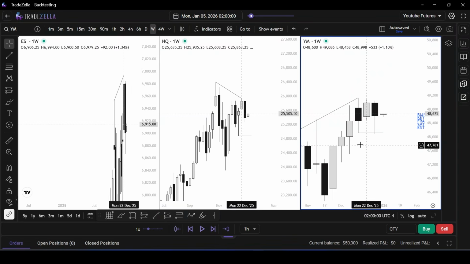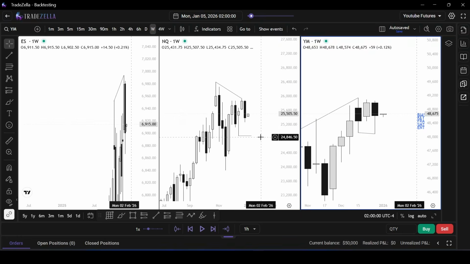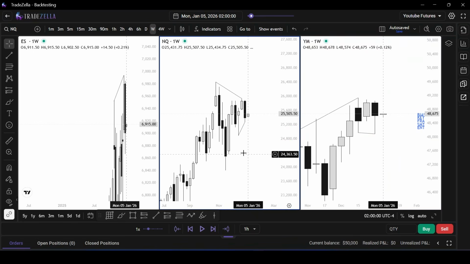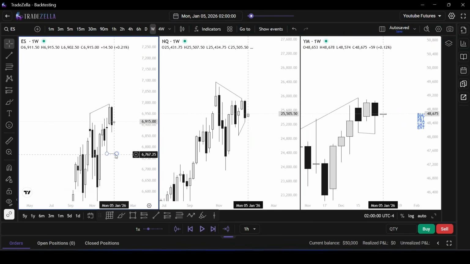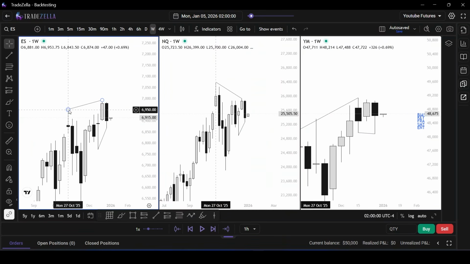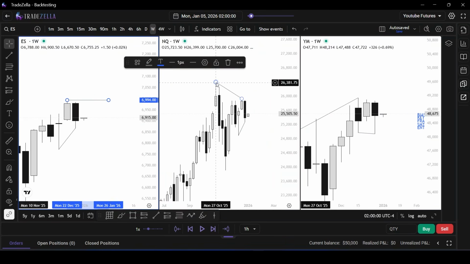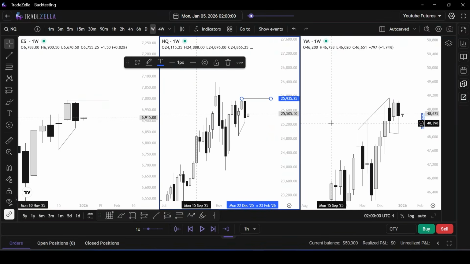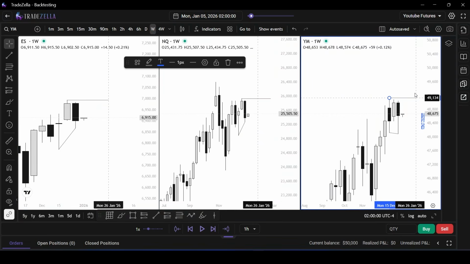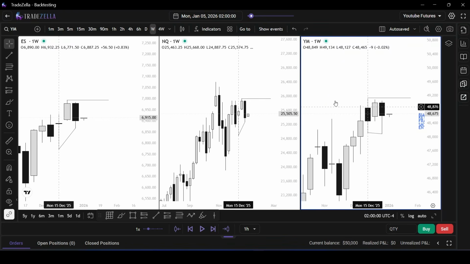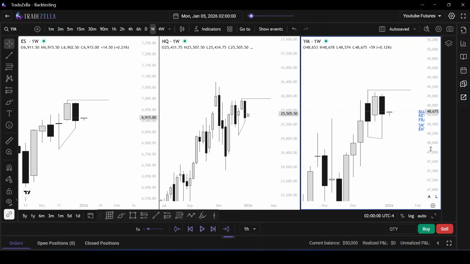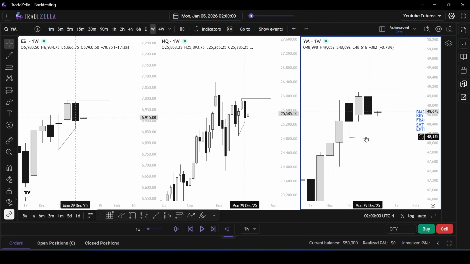So YM traded into this low, and we are currently reacting from it. This right now becomes a target because this SMT has fulfilled its purpose. So now we have a reaction from this swing.